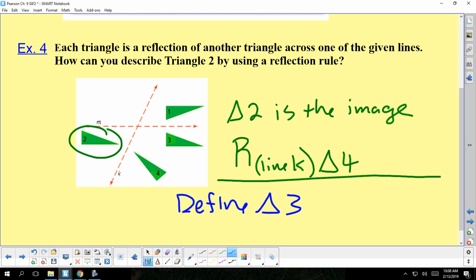So triangle 3 would be a reflection across the line M of triangle 1. Reflection across the line M of triangle 1.